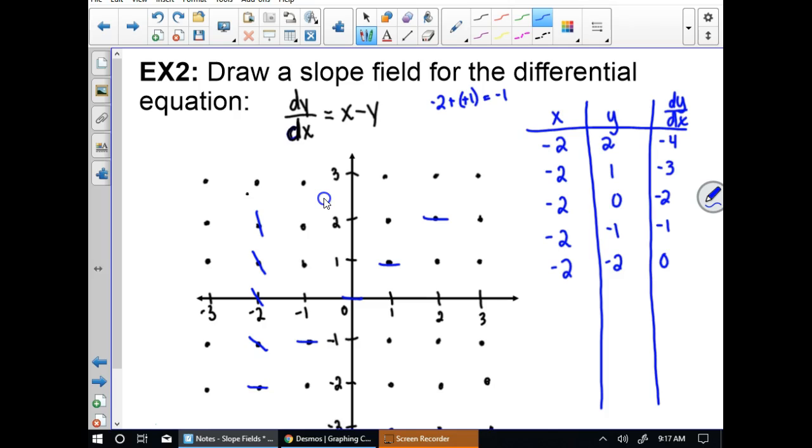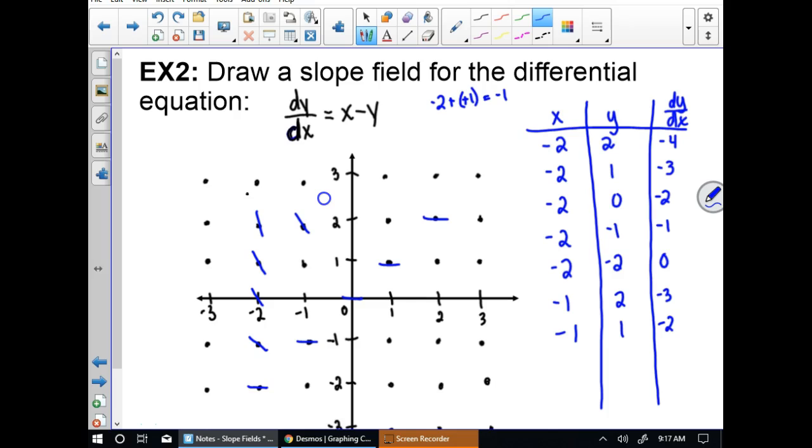So let's do -1, 2. What do we get? -3. So that's a slope of -3 here. -1, 1.